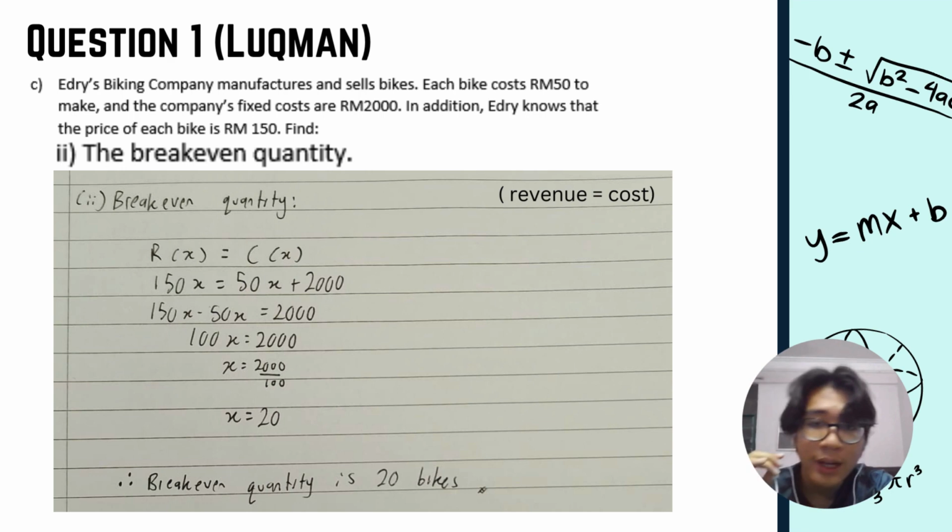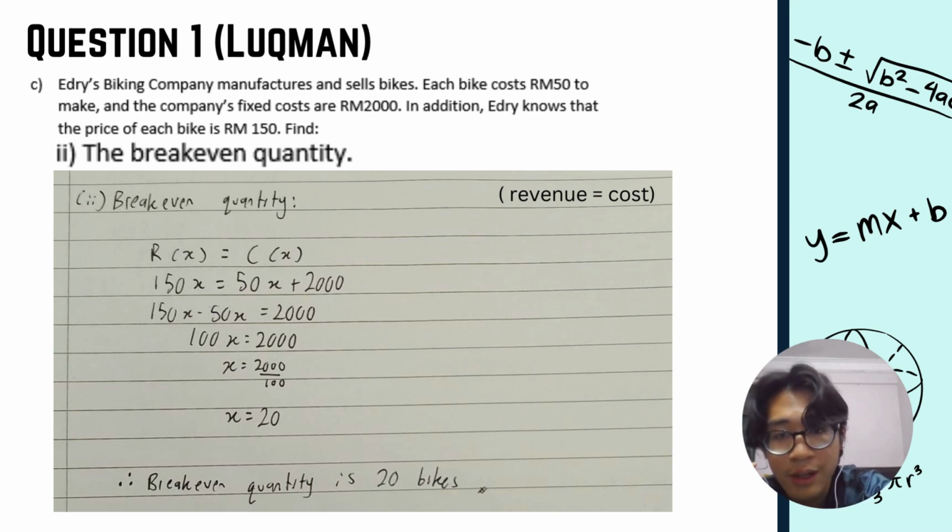But we only need one x, so we bring the 100 to the right, and so we get x equals 2000 divided by 100, and we are left with x equals 20. Therefore, the break-even quantity is 20 bikes.